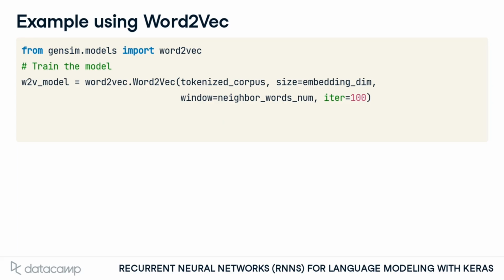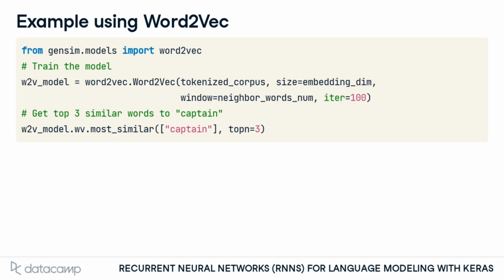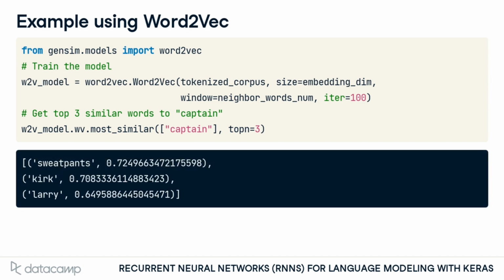We can use the model, for example, to find similar words in the corpus. For that, we access the word vectors attribute wv and the method most_similar, passing a list of words to find similarities and the number of similar words to retrieve.